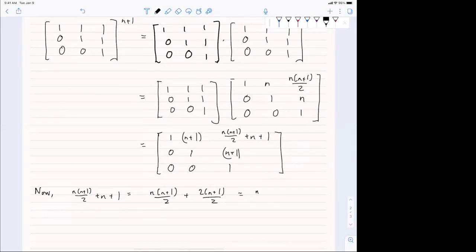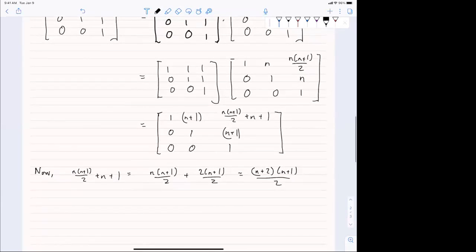It's going to be n plus 2 times n plus 1 over 2, just pulling out that factor of n plus 1. I'll rewrite this as n plus 1 times n plus 2. And in fact, I'll do even better. I'll write it in a really stupid way: n plus 1 plus 1. Right, n plus 2 is n plus 1 plus 1. And why do I want to write that?